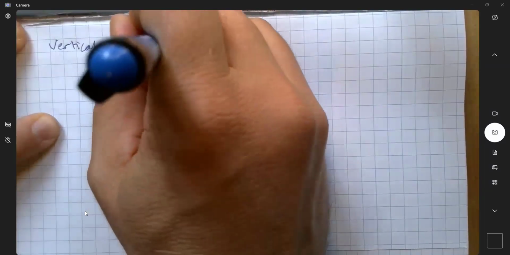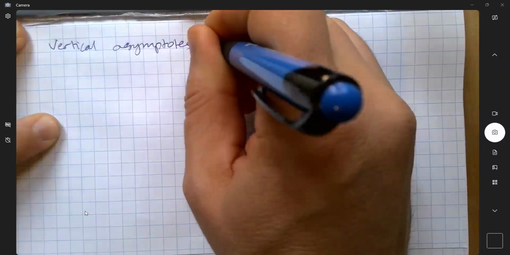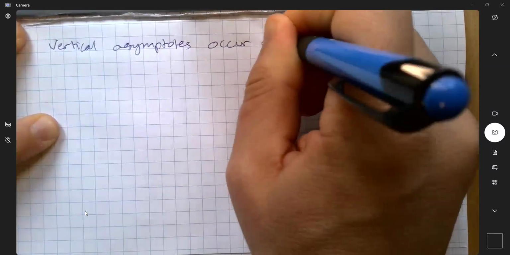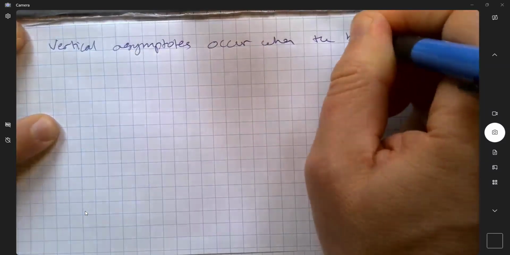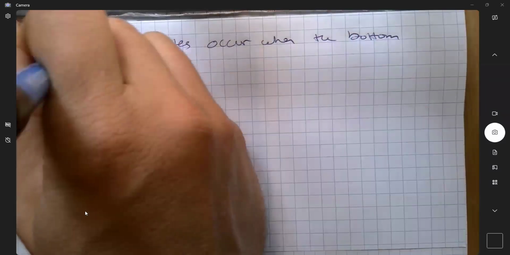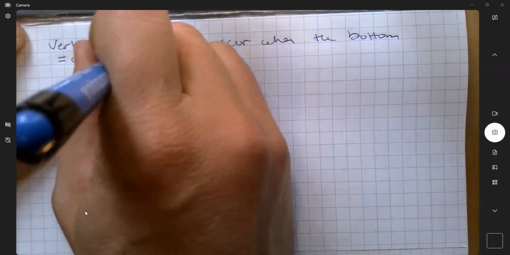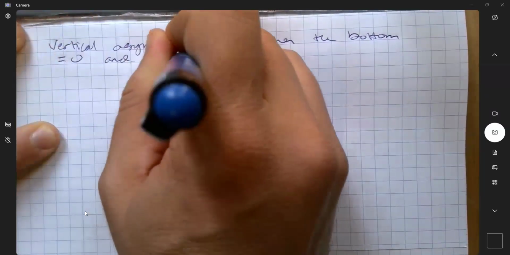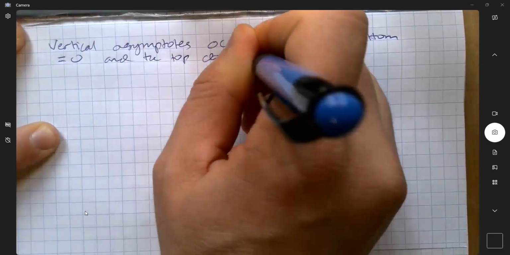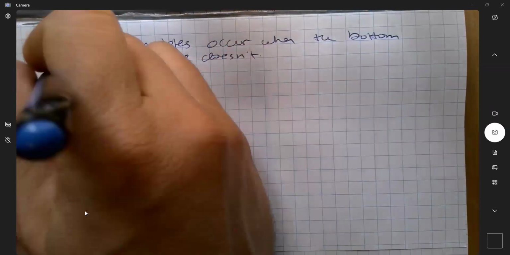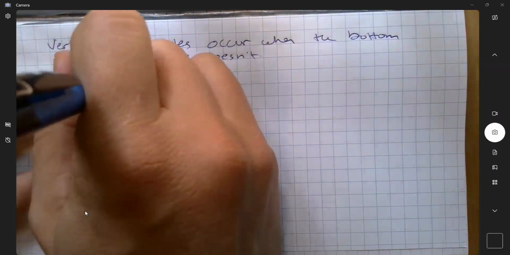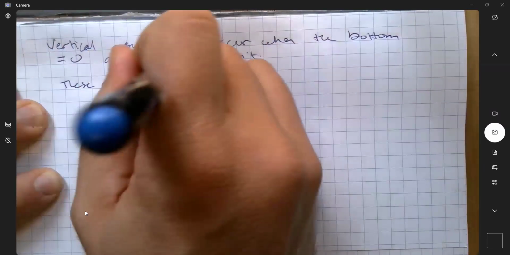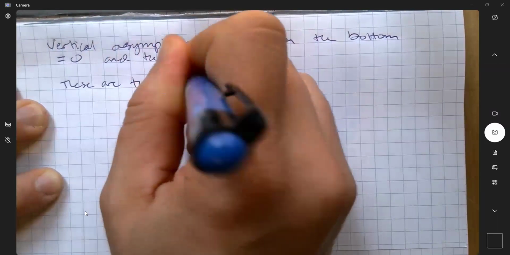Vertical asymptotes occur when the bottom of the fraction equals 0 and the top doesn't. So it's simply the opposite of the x-intercepts.